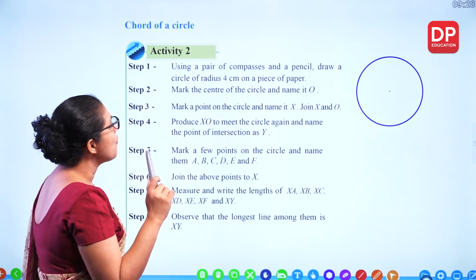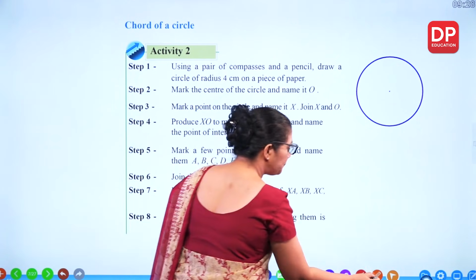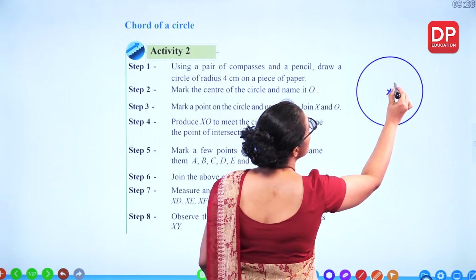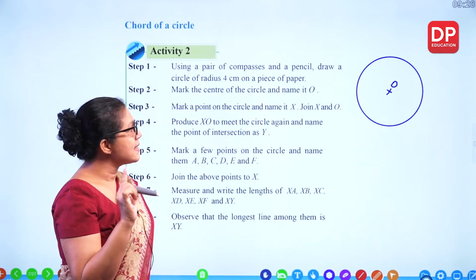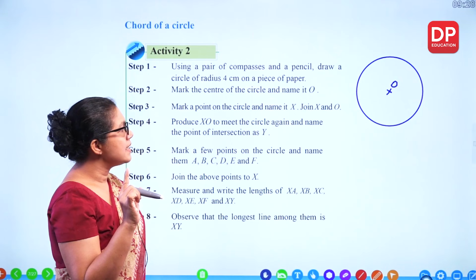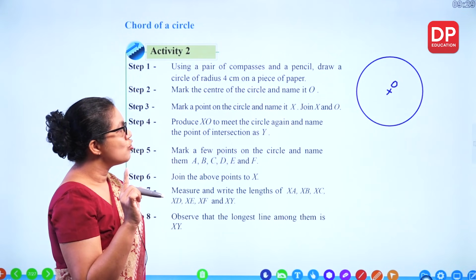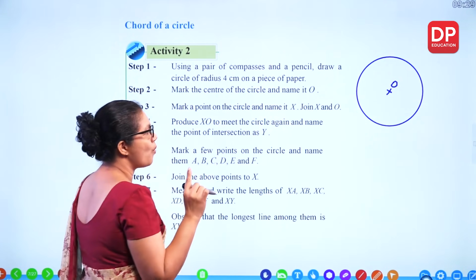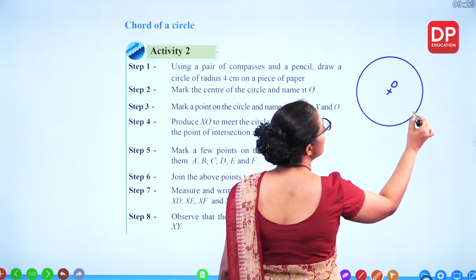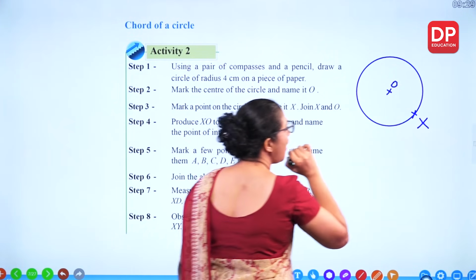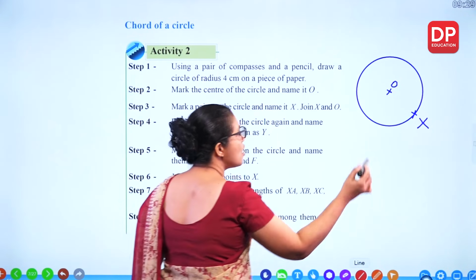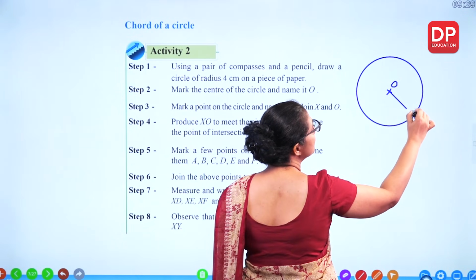Mark the center of the circle and name it O. So I can mark this one as O. Mark a point on the circle and name it X. Join X and O. So I'll draw a point on the circle, any point, X, and then join OX.